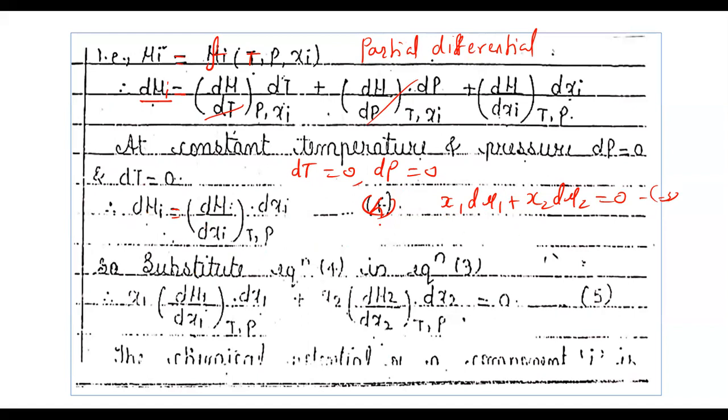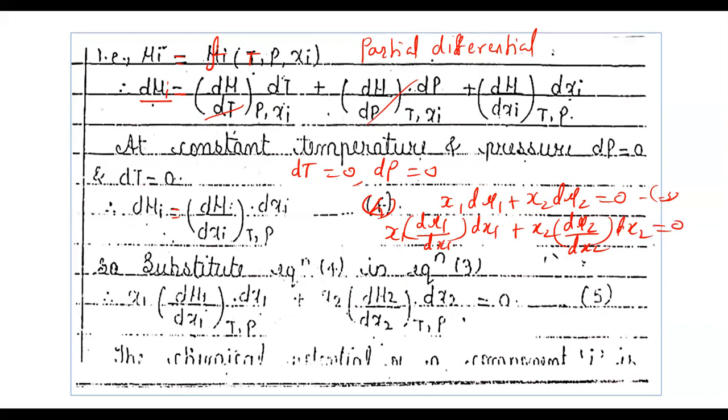So for the first component it is x1 into d mu 1 upon dx1 into dx1, plus x2 into, for the second component, d mu 2 upon dx2 into dx2, equal to 0.